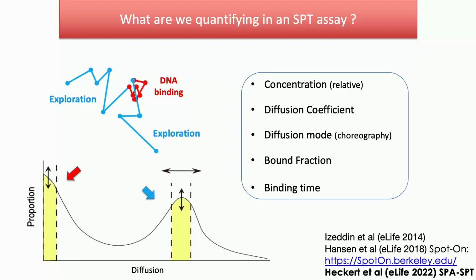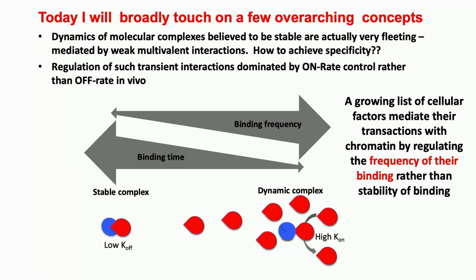It's sparse labeling. A diffusion coefficient, diffusion mode, which is something Ignacio really worked a lot on, how these molecules are moving in space. How many of them are bound to something? When they bind, for how long do they bind? And all the software we have been developing for the last 15 years is going to be completely obsolete because, again, Ignacio and his group are bringing a software and hardware technique that is going to completely solve the problem of tracking. But I'll let you hear about this.